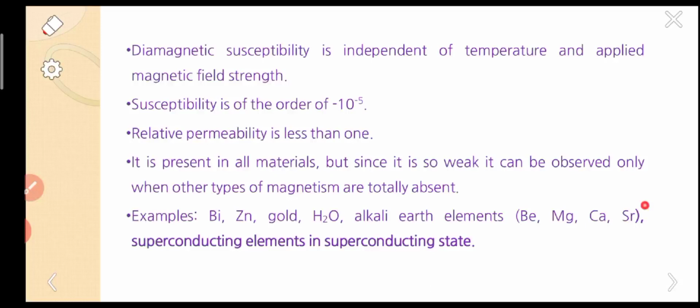Examples are bismuth, zinc, gold, water, alkali earth metals. Actually these are superconducting elements. These are the properties of diamagnetic materials.